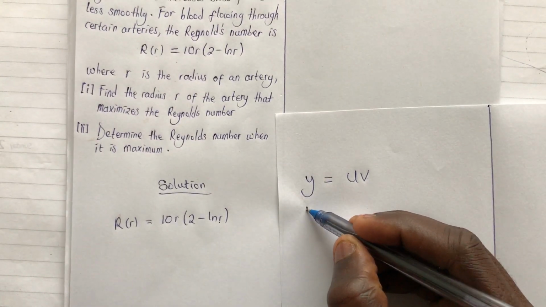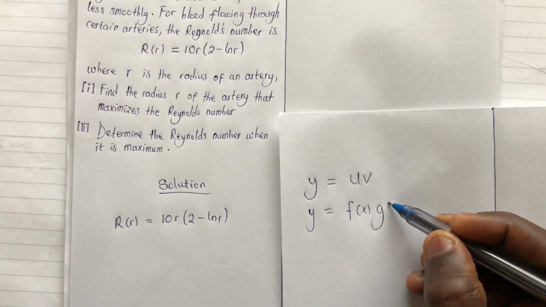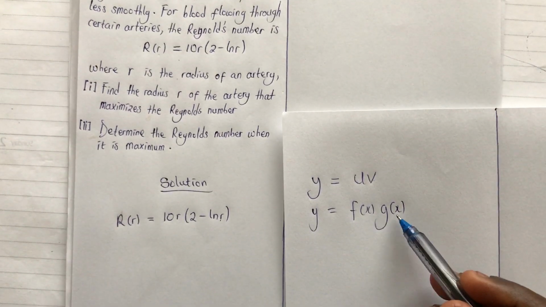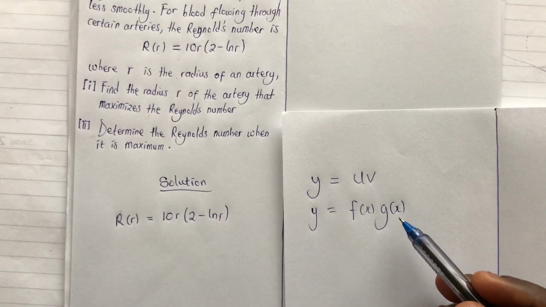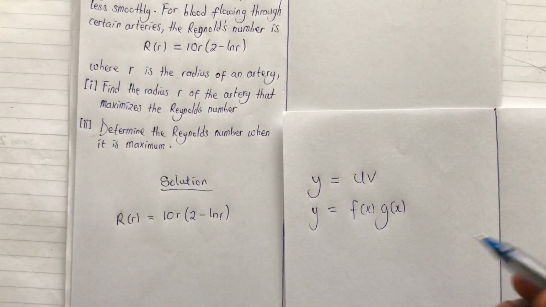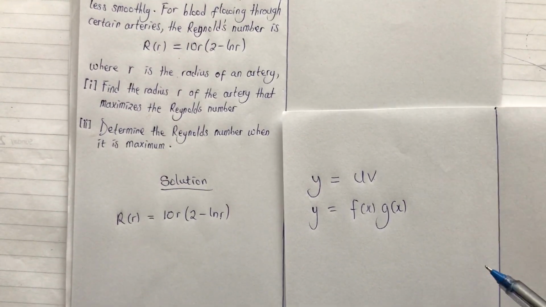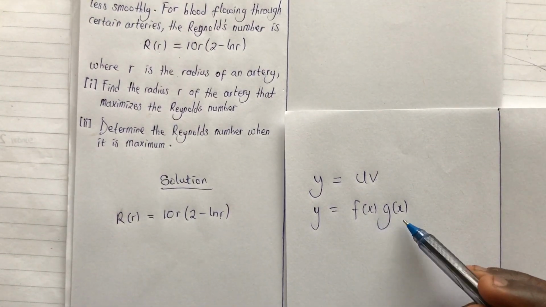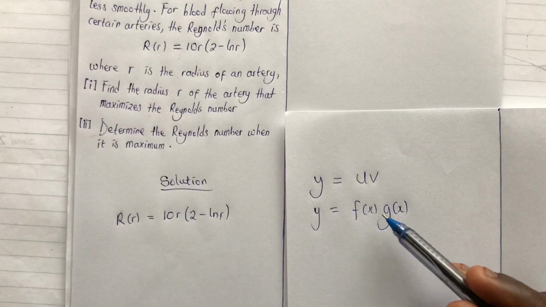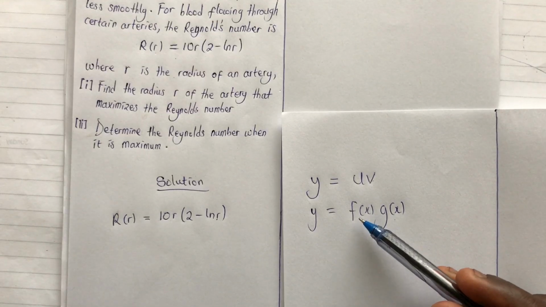So let's assume that I have y = f(x) multiplying g(x). Now f(x) here is the first function and g(x) here is the second function. Now when I take the derivative of y equal to this, then I'm having a product rule. I'm supposed to apply product rule here. The first I'll do is to either maintain the first function, differentiate the second function, plus maintain the second function and differentiate the first function. Now it's still the same as me taking the second function and then differentiating the first function.